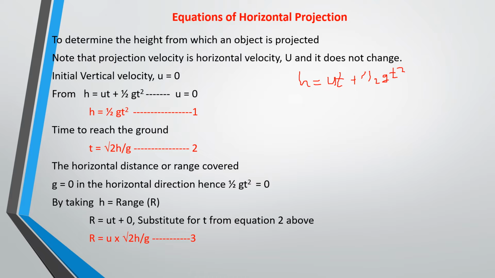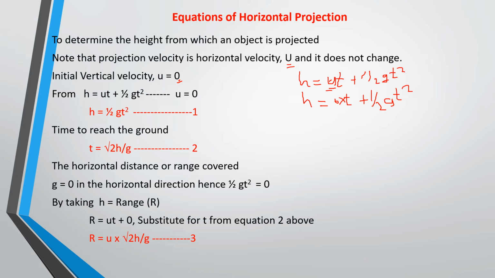So for a body that is projected horizontally, the projection velocity is the horizontal velocity. This velocity does not change. The entire initial vertical velocity is equal to 0, and that is this one. So this velocity is equal to 0, so you have your h will be equal to 0 times t plus half gt squared.